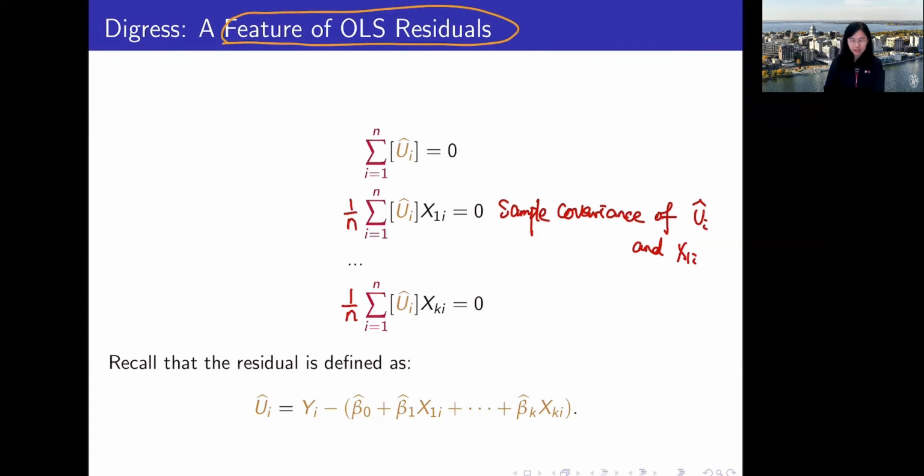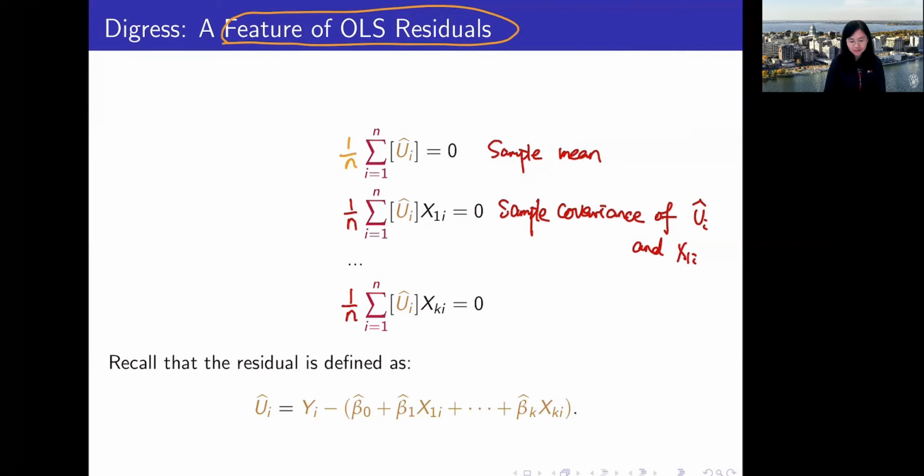So the residual has a sample mean of 0, and the sample covariance, or sample correlation, between the regression residual and any of the included x variables is 0.